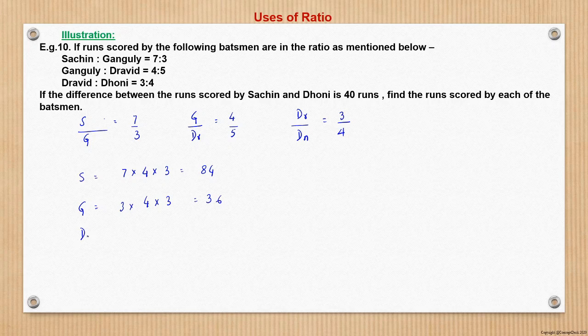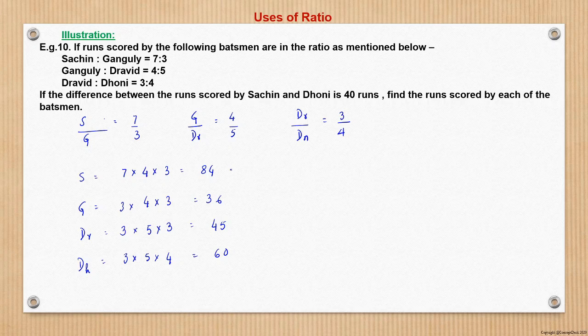Then for Dravid, the third is Dravid. What we will do? We will replace the second numerator by denominator. So 4 we will replace by 5, and then we will keep it same. So this is 45. And for Dhoni, we will replace the last numerator with the last denominator. So 3 into 5 into 3 we will replace with 4. So 60.